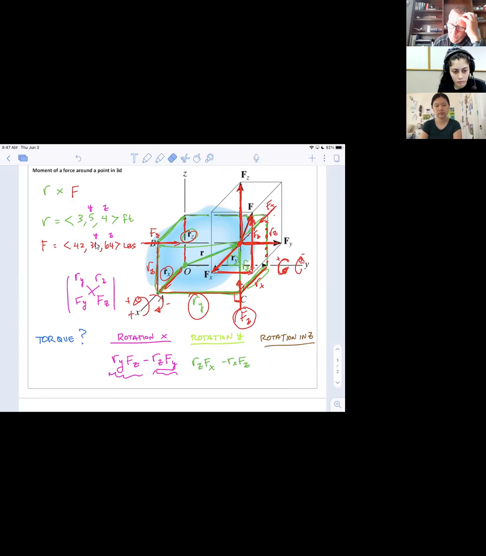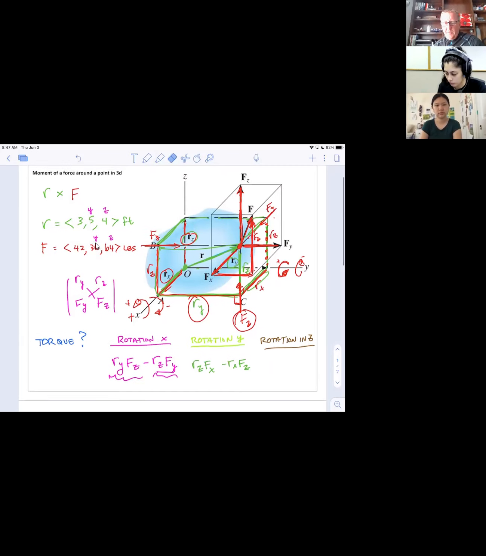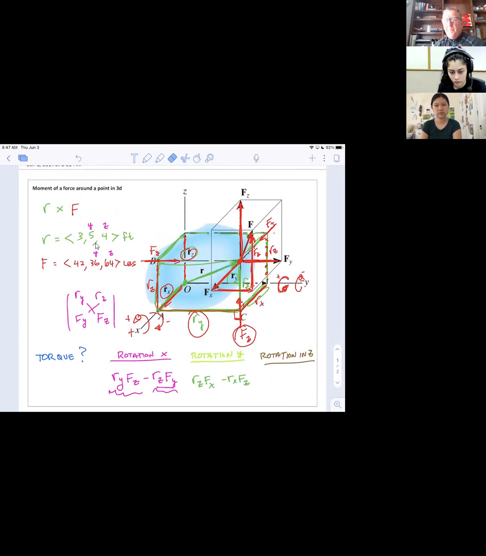Okay, well, rotation around Z. Now again, you figure this out ahead of me this time. Put your thumb towards Z. What's positive rotation going to look like? Toward me. So isn't this positive rotation then?